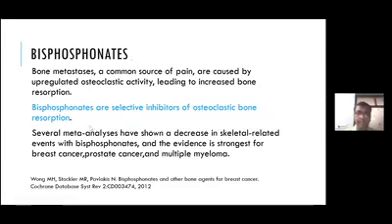Bone metastasis is a common source of pain caused by upregulated osteoclastic activity. Bisphosphonates inhibit the osteoclastic activity, and thereby the resorption of the bone. There have been various meta-analyses which have shown a decrease in skeletal related events. Whenever I talk of skeletal related events, that means the incidence of fracture, hypercalcemia, spinal cord compression, etc. It has been found that there is a decrease in skeletal related events with bisphosphonates, and evidence is strongest for breast cancer, prostate cancer, and multiple myeloma.